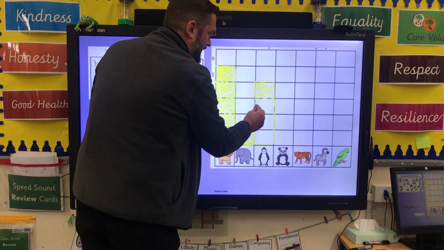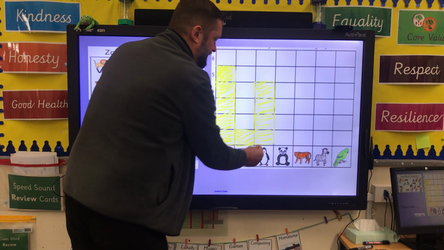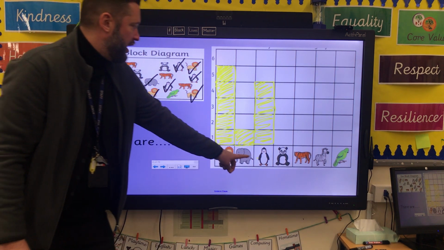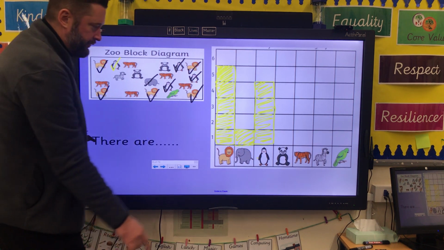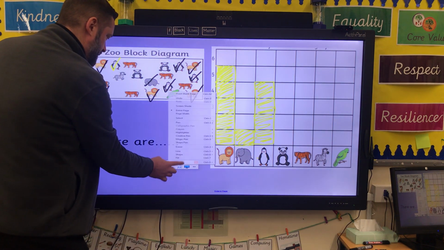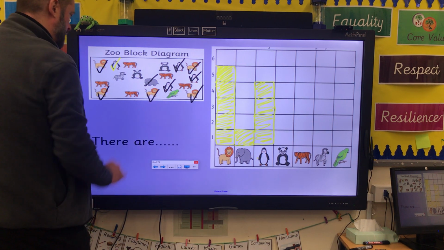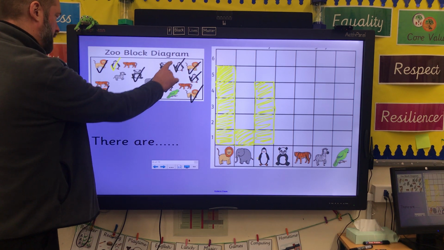Please colour in more neatly than me. So what does this bar represent? There are 4 penguins in the zoo. Next we've got, that's it, pandas. Let's have a look. 1, 2.